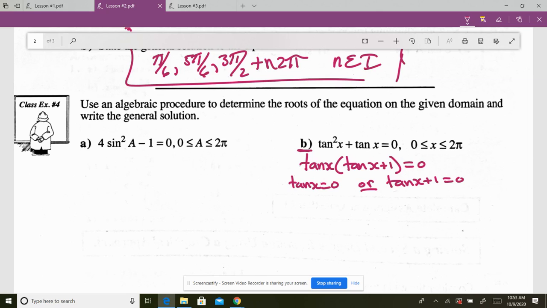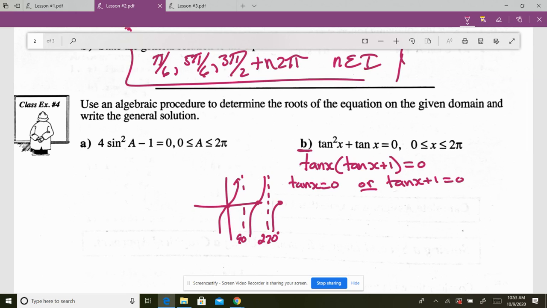Do we all remember the tan graph? It's the weird, funky one, right? Looks like this. The asymptotes are at 90 and 270. So where is tan 0?